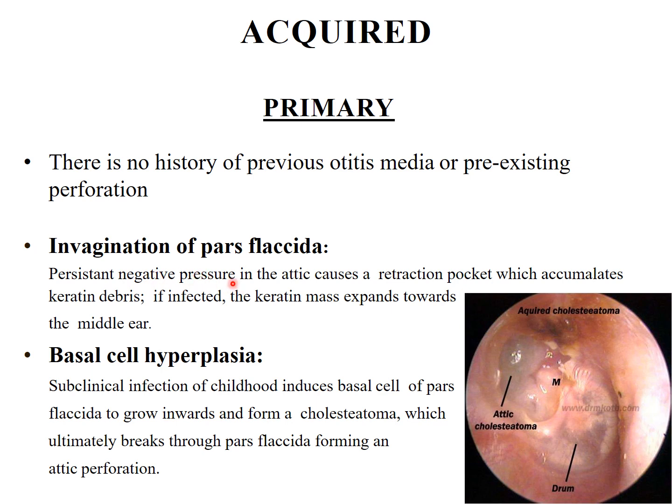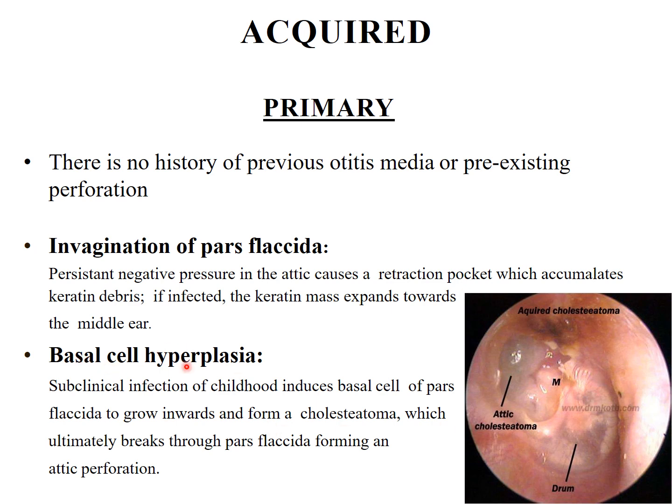So chronic eustachian tube problems will lead to all these problems. Persistent negative pressure in the attic causes a retraction pocket. You see here the pocket is there, which accumulates keratin debris, and once it gets infected, the keratin mass expands towards the middle ear.